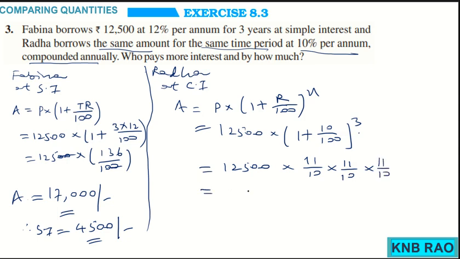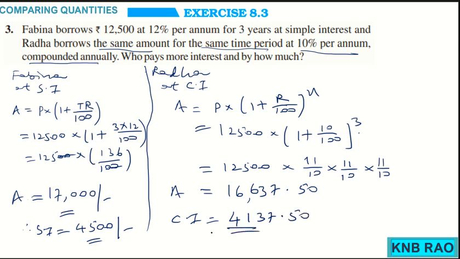Now on simplification, you will get 16,637 rupees 50 paise. Now compound interest is the difference between amount and principal, that gives you 4,137 rupees 50 paise.